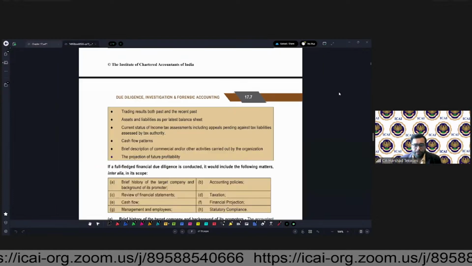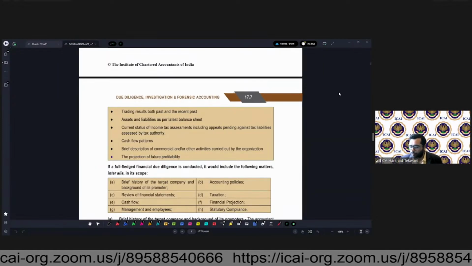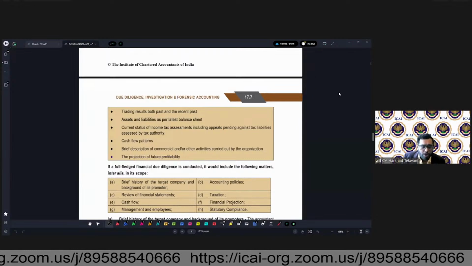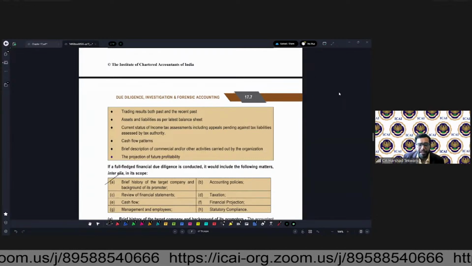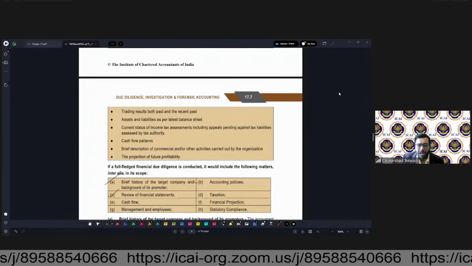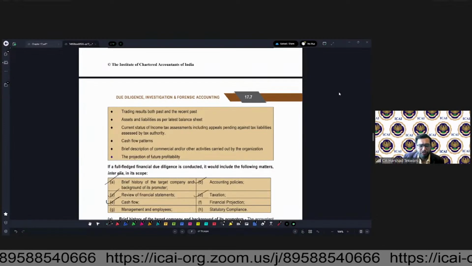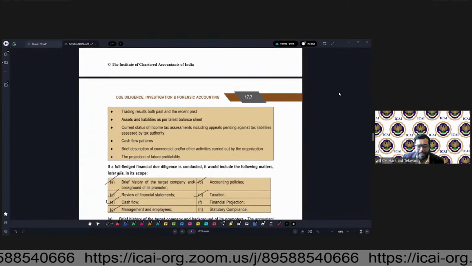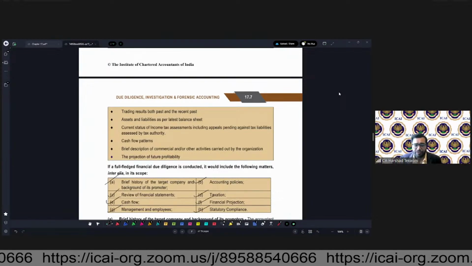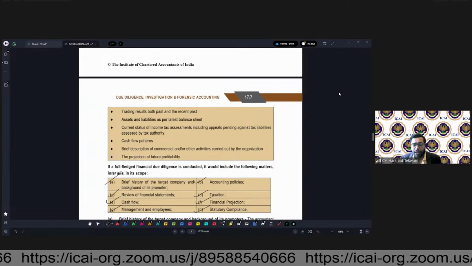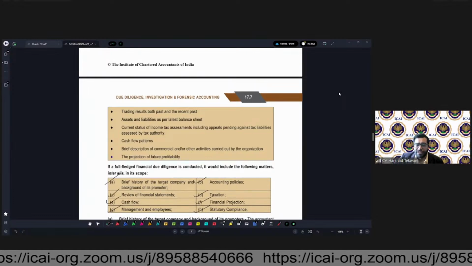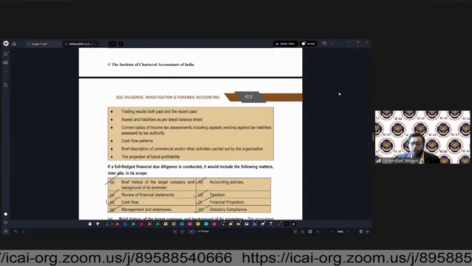Now, these were certain areas, but if I talk about more areas, it includes the brief history of the target company, review of the financials, accounting policy, taxation, cash flow, management and employees, financial projection, and statutory compliances. These are certain areas which are included in your financial due diligence. If you want to conduct a full-fledged financial due diligence, you will include all these areas.